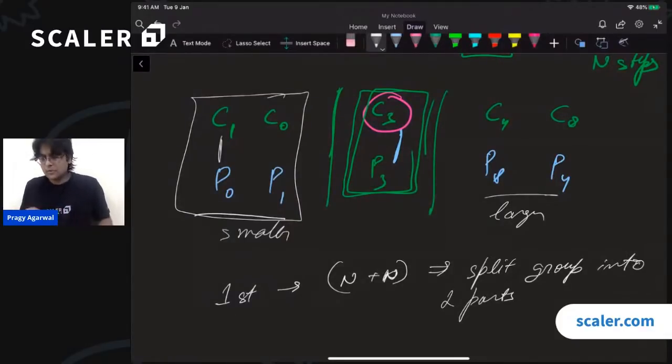Let us suppose that the size of these parts is roughly half. That is an assumption we are making.